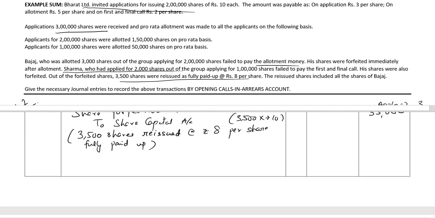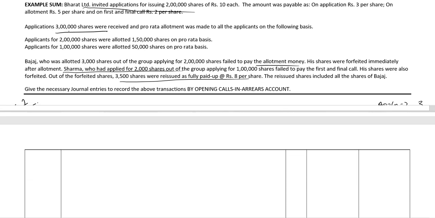The final entry, we will pass the entry for transfer of gain on reissue of the shares.